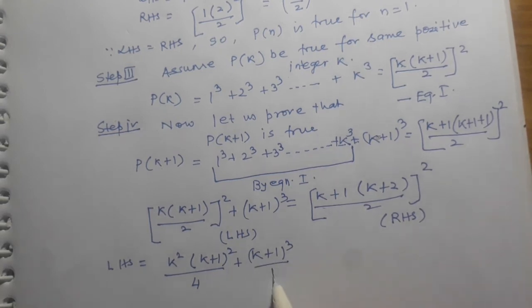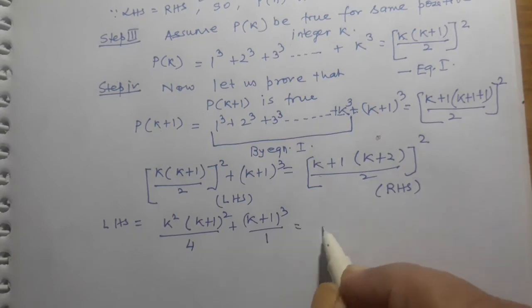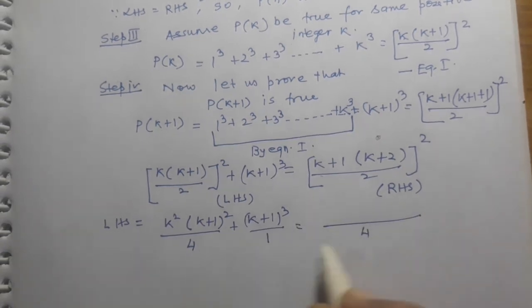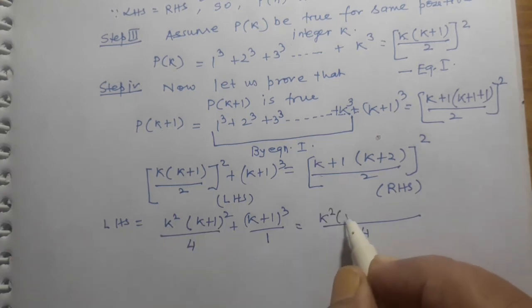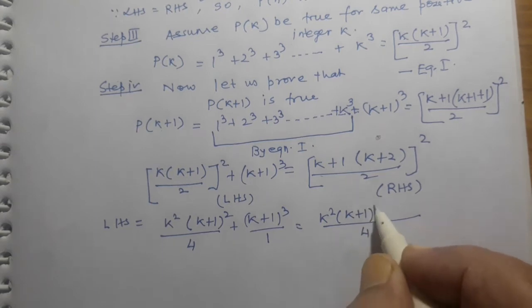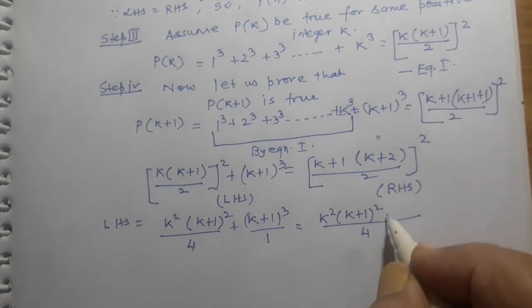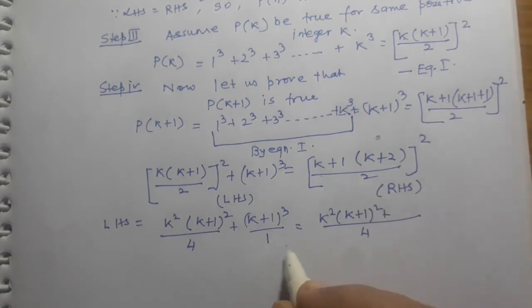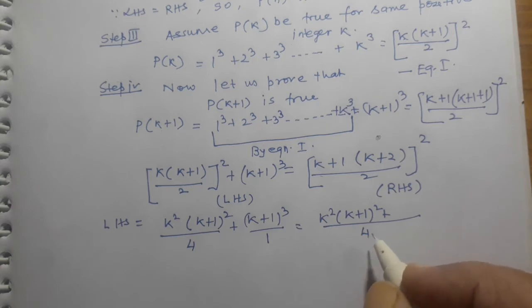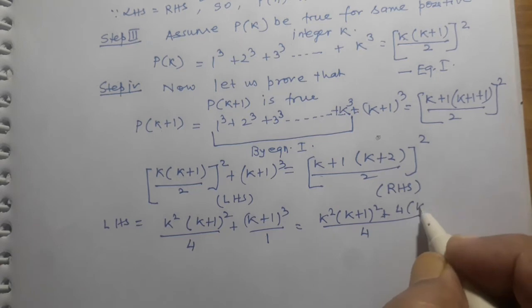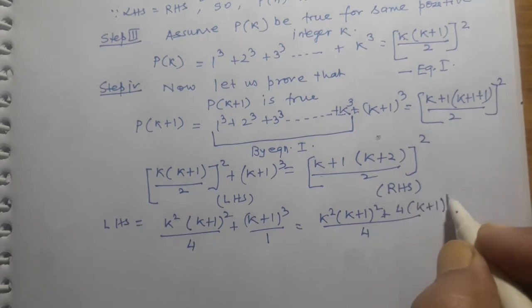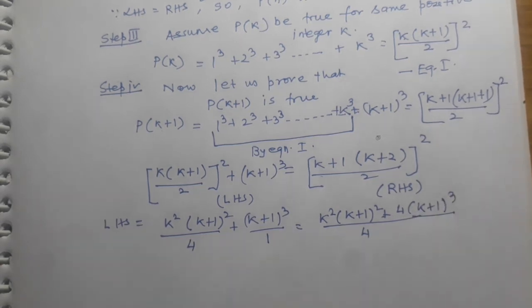We shall consider the second term as over 1, so it will be 4 here. 4 divided by 4 will be 1, and 1 multiplied with this will be the same number. So k square into k plus 1 square, and 1 dividing 4 will be 4, so it will be multiplied by 4. So it will be 4 into k plus 1 cube, right?